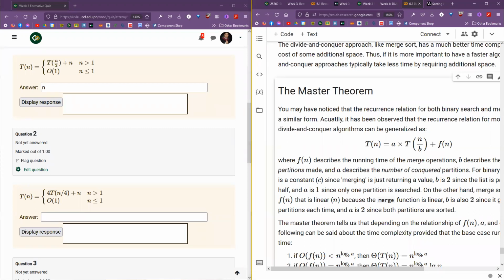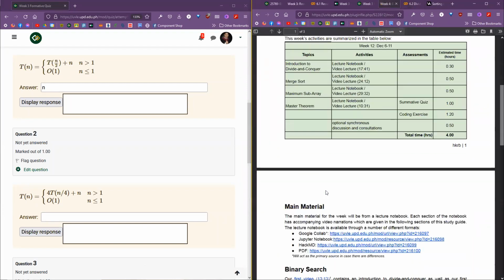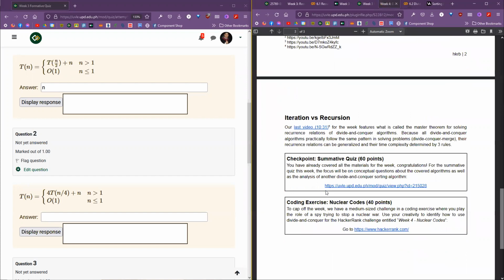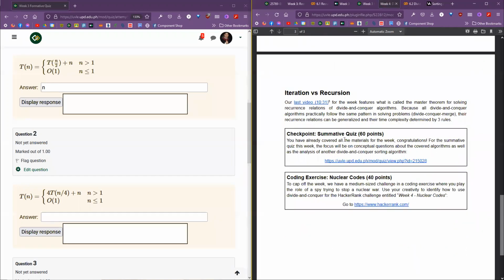For assessments pala no week 4, meron tayong examples. For assessments, we have a summative quiz and a coding exercise. Yung summative quiz, unlimited attempts, but mostly essay.